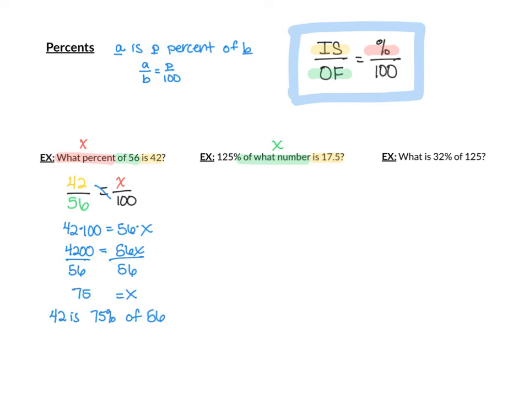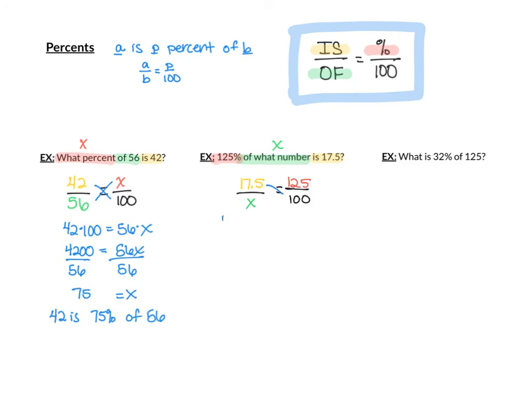And my percent is 125%. So let's set up the proportion. My is part says 17.5. My of part is the variable. My percent is 125 over 100.